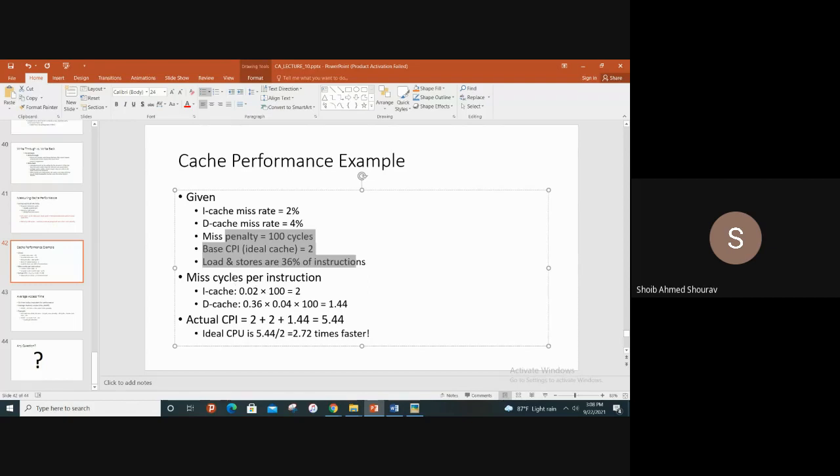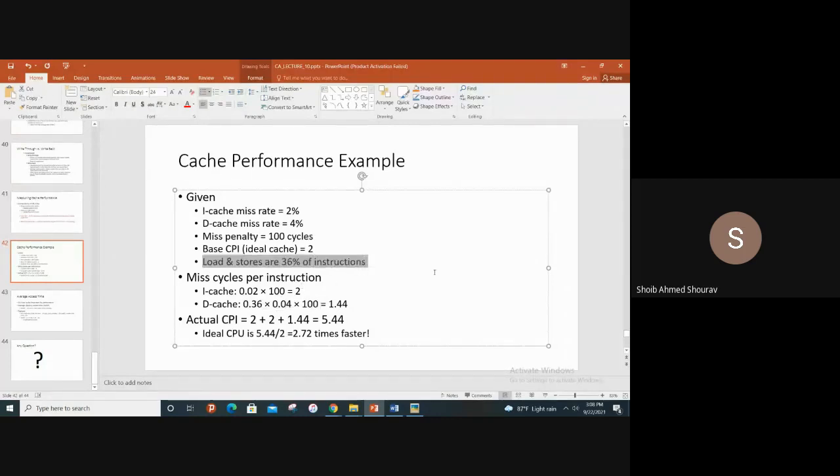So miss cycles per instruction will be separate for each miss rate. For the I-cache, it will be 2%, which is 0.02, times the miss penalty. And for the D-cache, it will be miss rate times miss penalty. The load and store are related to data, so only in the data cache we multiply by the load and store percentages as well.